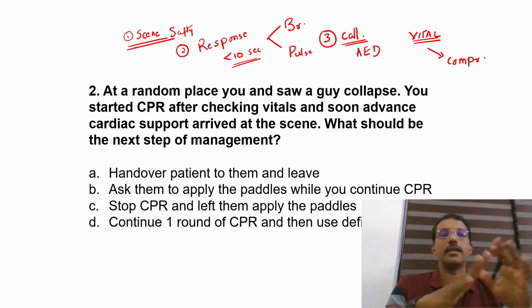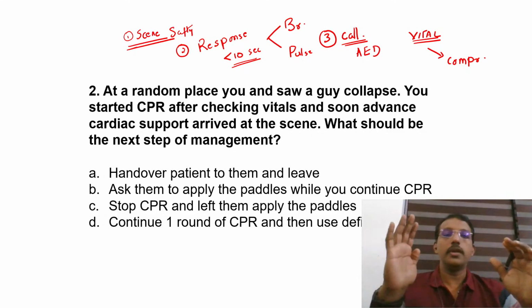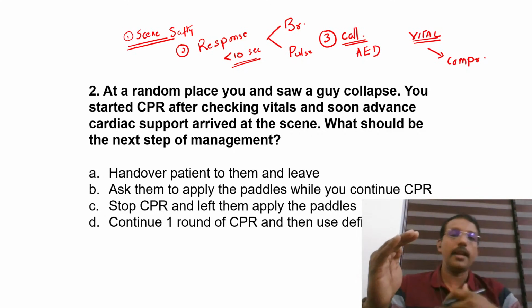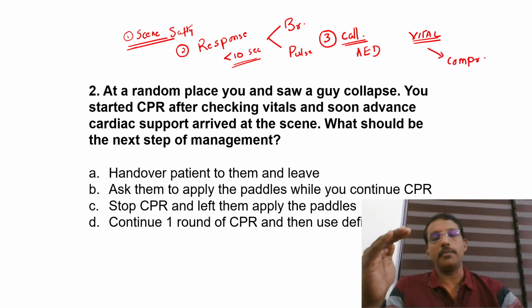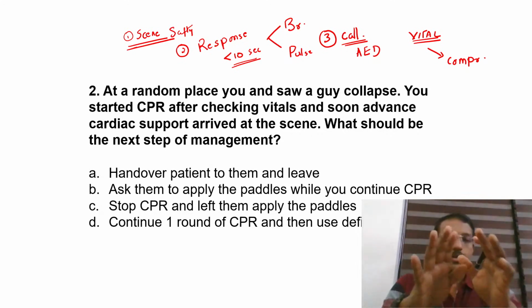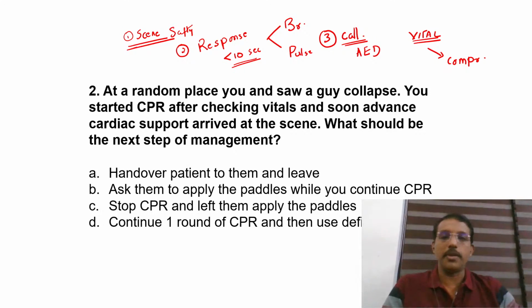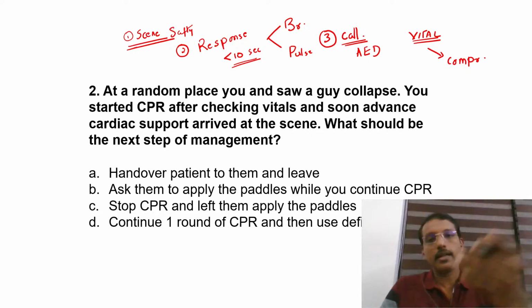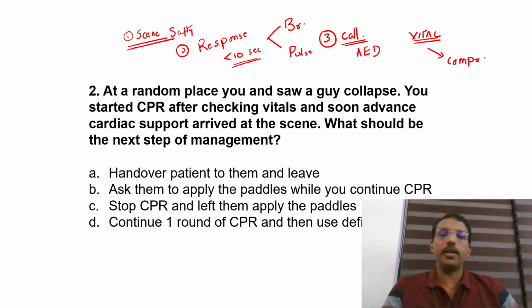As soon as you start compressions, the second agent, or the advanced team, or somebody whom you already called for help arrives at the scene, and what you have to do then. The point here is that when somebody comes to help you, you are already compressing, you should keep on continuing the compression, and the other guy who has come or the advanced team should apply the paddles of the AED while you continue the compression.